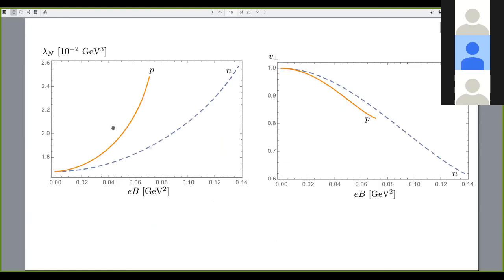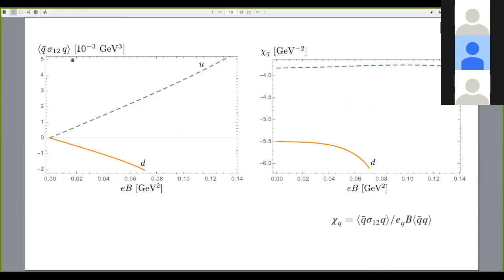Okay, we obtained the lambdas as well, what we need for the works. The transverse velocity is a good indicator that everything is fine, because it must be less than 1. So here is the polarization of quark condensate, and we can compare with other works.